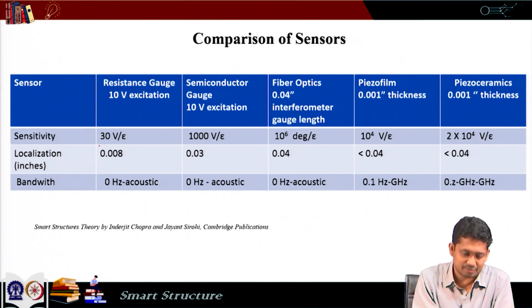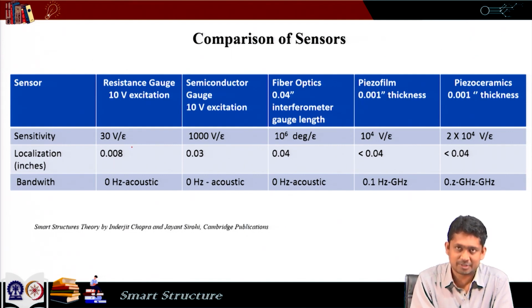The sensitivity for the first kind of sensor is 30 volt per epsilon, where epsilon is the strain. Semiconductor gauge it is 1000, fiber optics it is 10 to the power 6 degree per epsilon, piezo film it is 10 to the power 4 volt per epsilon, piezo ceramics it is 2 into 10 to the power 4 volt per epsilon.